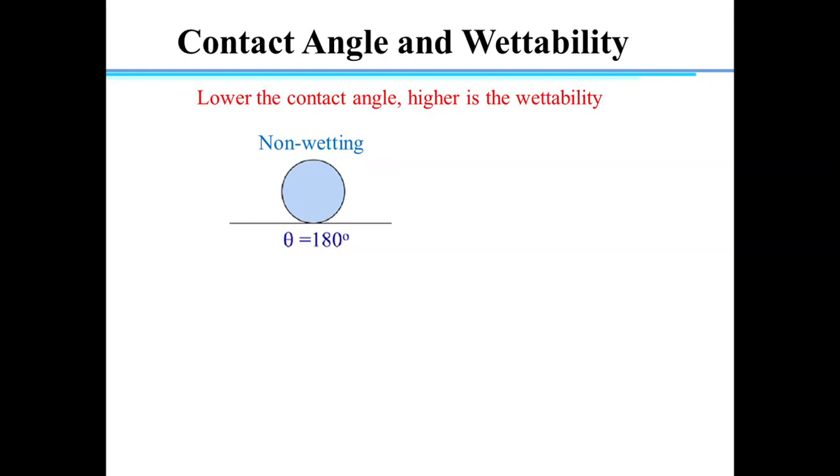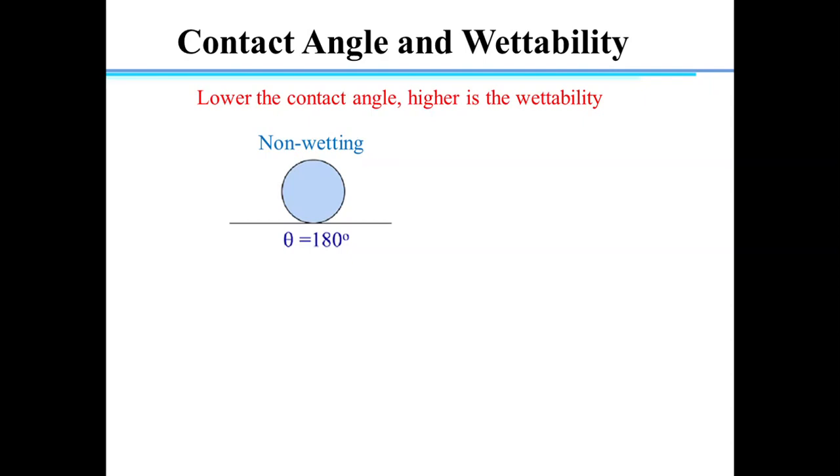That means the higher the contact angle, the lower the wettability. So, non-wetting means the liquid will stay on the solid surface in droplet form. It will not spread on the surface. As we can see here, the liquid droplet can easily roll over the surface due to poor wettability and high contact angle.